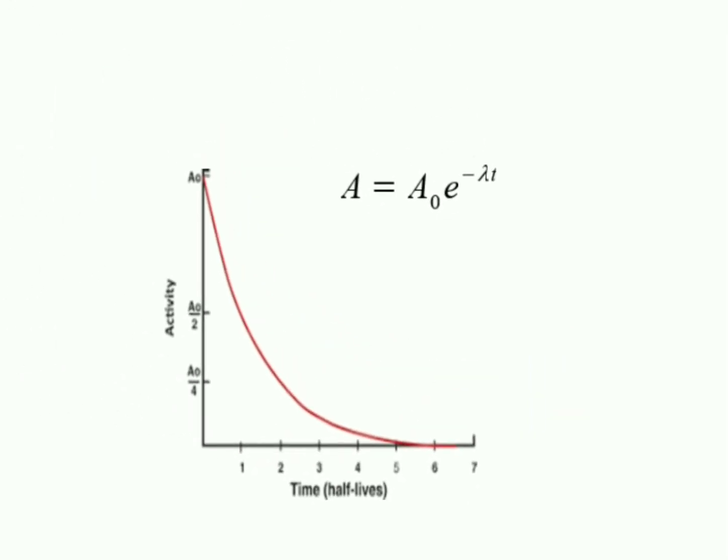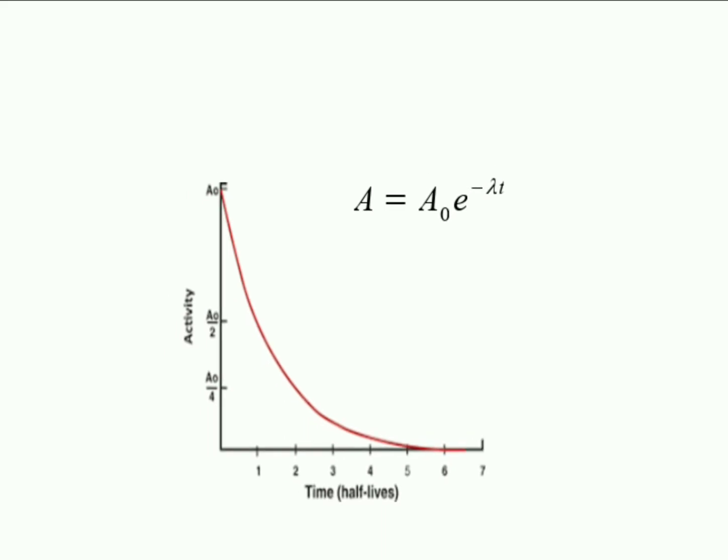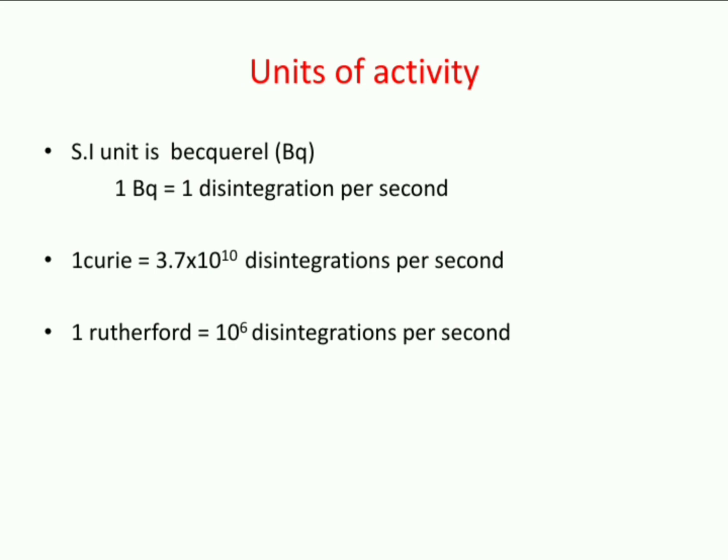But important here are the various units of activity. Let's see what the different units of activity are. The SI unit is becquerel. 1 becquerel is equal to 1 disintegration per second. Hope you remember radioactivity phenomenon was first discovered by a scientist called Becquerel. I told you we call radioactive rays, alpha, beta and gamma rays, also Becquerel rays.